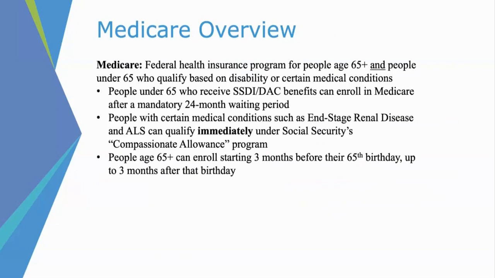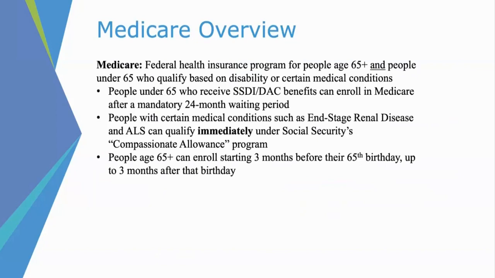So now we're going to talk about Medicare overview. So what is Medicare? It's a federal health insurance program for people age 65 and people under 65 who qualify based on disability or certain medical conditions. People under 65 who receive SSDI/DAC benefits can enroll in Medicare after a mandatory 24-month waiting period.